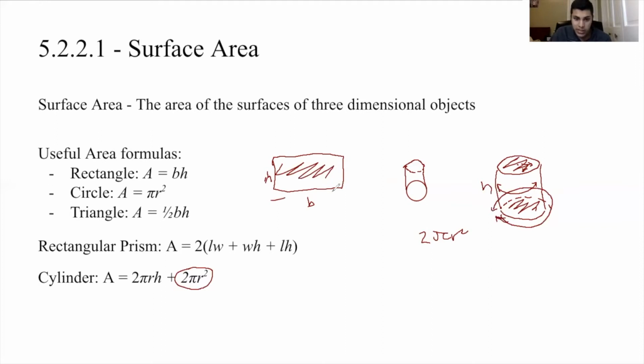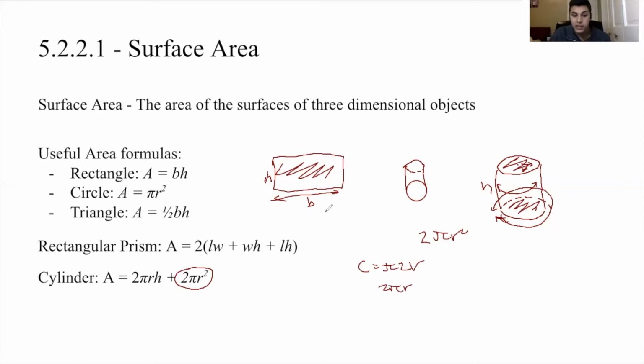That's going to be the same length as this. So to find the circumference of a circle, that's just pi times 2r, or 2 pi r. 2 times pi times the radius.